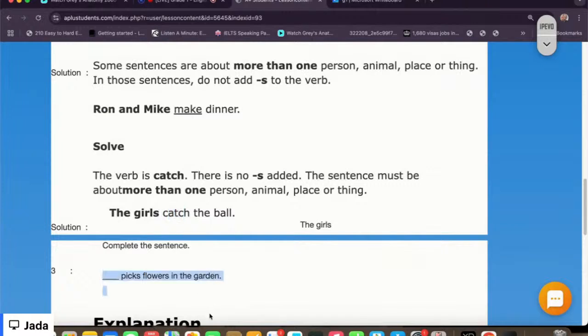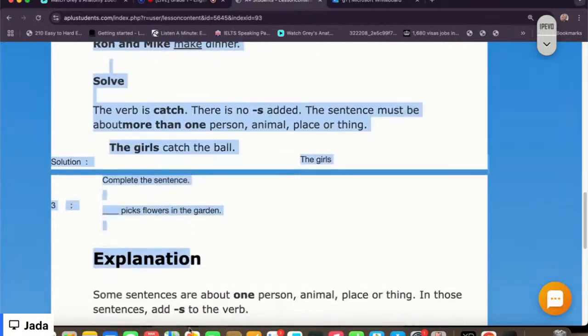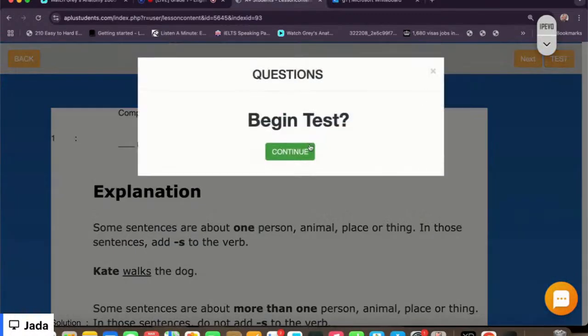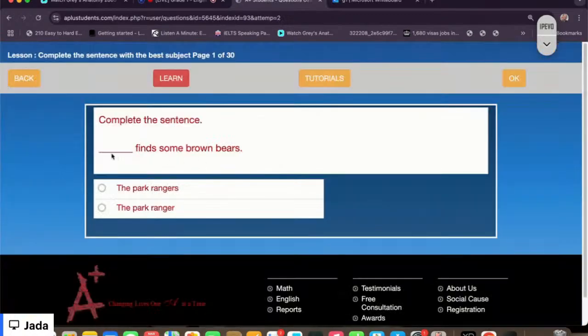Now we have picks flowers in the garden. Now picks here has s, so it has to be what? A singular subject. So the king picks flowers in the garden. Okay? All right, so dash finds some brown bears. What would be the right subject here?